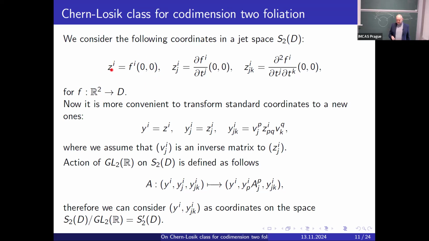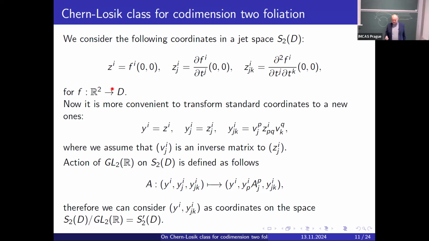This is simply the zero order jets, F(0,0). Then we have coordinates zij, dfi over dtj at the point (0,0). So these are the jets of first order, and the jets of second order, all second derivatives.